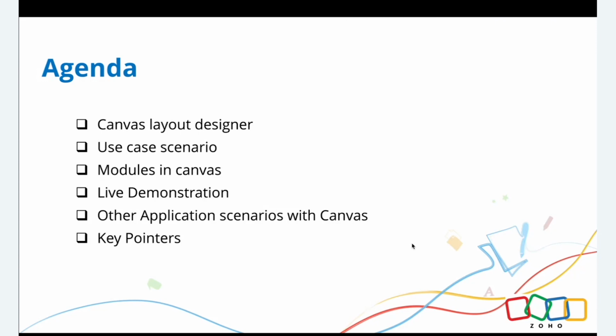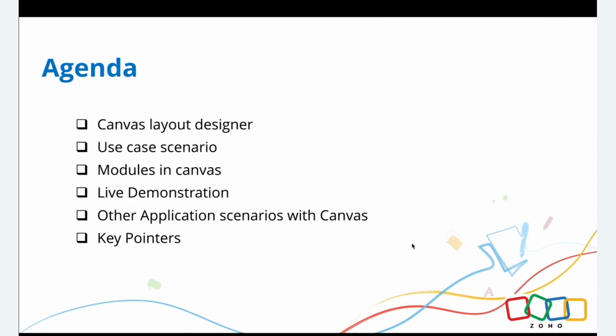At last, we will discuss other application scenarios for which we have built the Canvas, and some key pointers to remember before using this Canvas Layout Designer in your application. This is the structure with which I'm going to drive you throughout this session. Now let's move on.